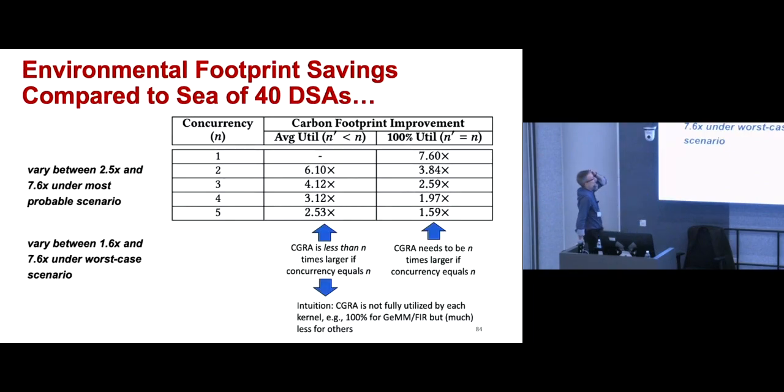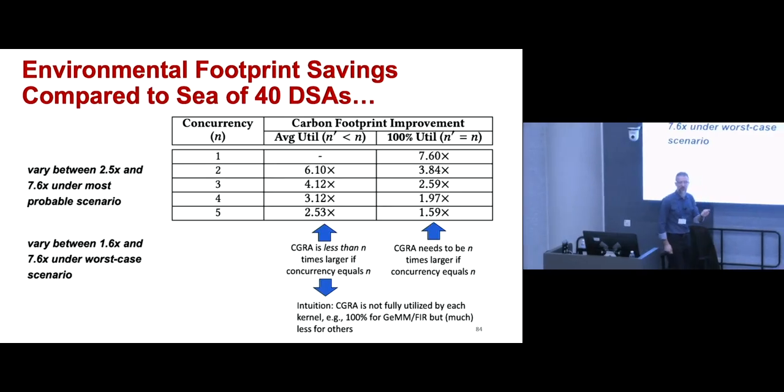The overall conclusion is that for practical designs, CGRA, a particular fabric for reconfigurable computing that stands for coarse-grained reconfigurable array, if we replace a handful of DSAs with the CGRA, we can reduce the carbon footprint by up to a factor of 7 in the most optimistic scenario. In the most pessimistic scenario, we would still decrease the carbon footprint by about 60%.